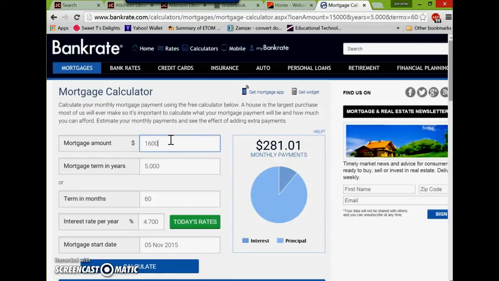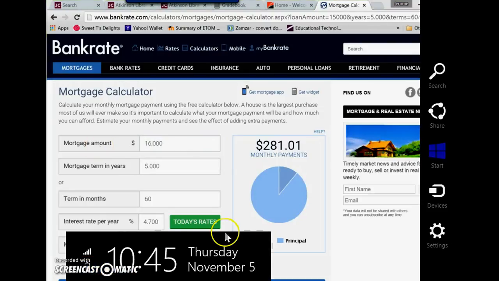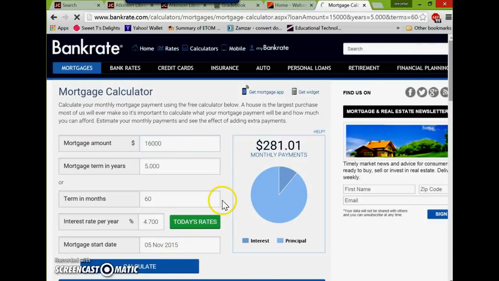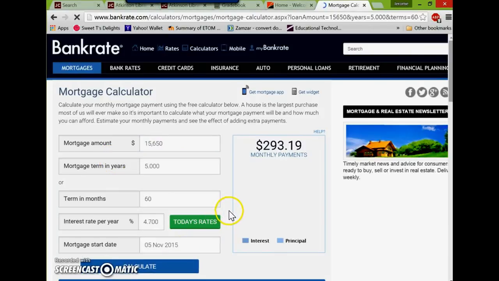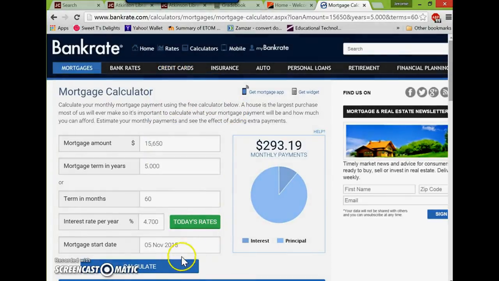Try 16,000. All right. So we're looking at maybe about 15,600. Yeah, just to get it exact, maybe about 16,650. And you'll keep on playing around with it until you get as close as possible.